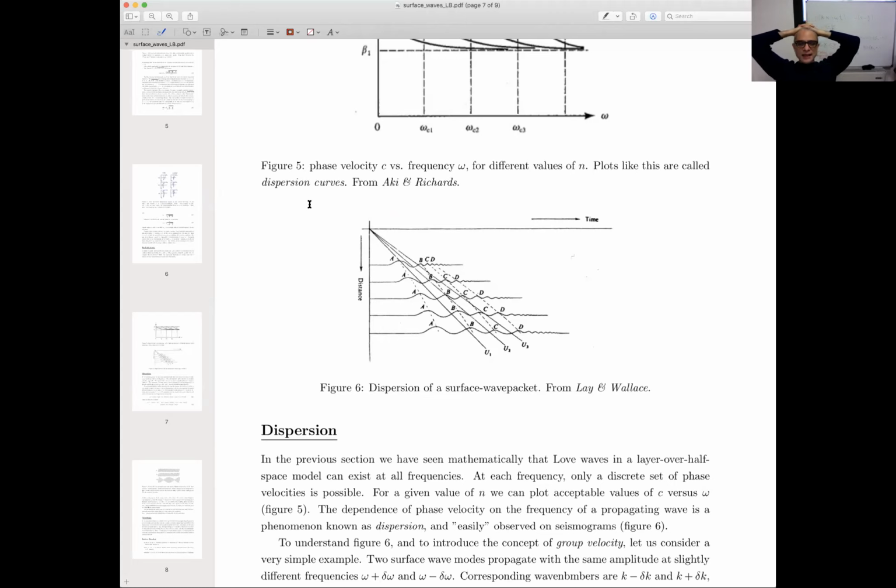Why is it that long wavelength or low frequency, long period surface waves are faster? It's because they sample deep into the Earth. It's because they have a long wavelength. It's because they entail the displacement of a big layer, of a big chunk of Earth material. And deeper into the Earth, shear velocity, compressional velocity, seismic velocity are higher. So a long period surface wave is basically an average, okay?